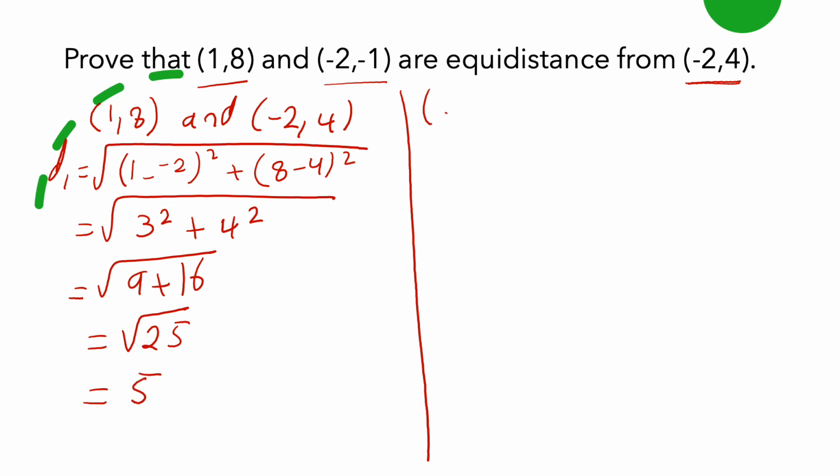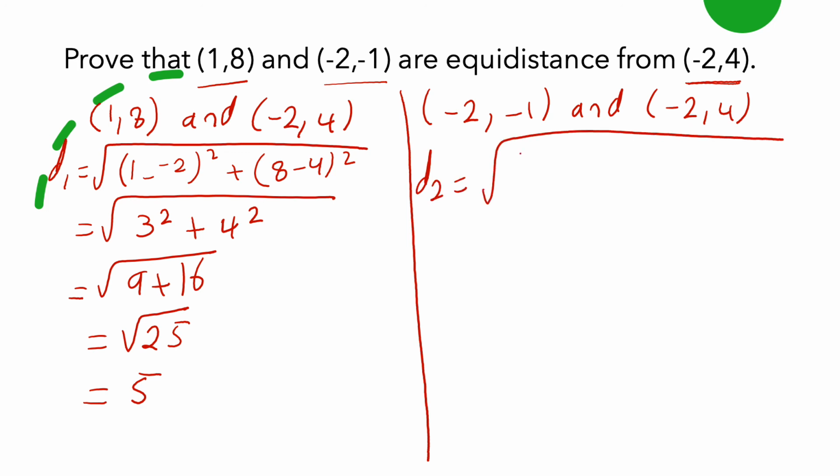Now we're going to find the other distance, between (-2, -1) and (-2, 4), and we're going to call it D2. So (-2 minus -2) squared plus (-1 minus 4) squared.